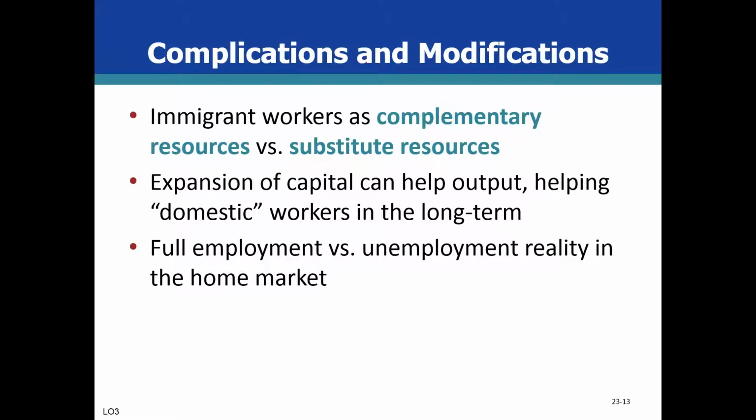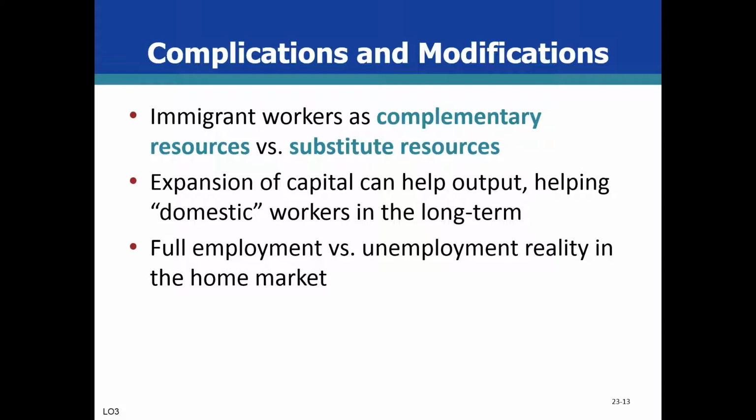The construction workers that come and do that type of work as immigrants are viewed as complementary resources to the plumbing workers and not substitute resources. So you can see here the argument of, hey, look, are these immigrants coming and replacing domestic workers one for one or not?